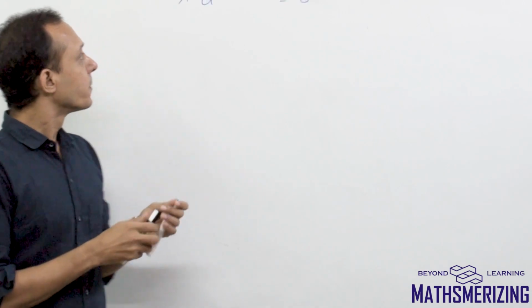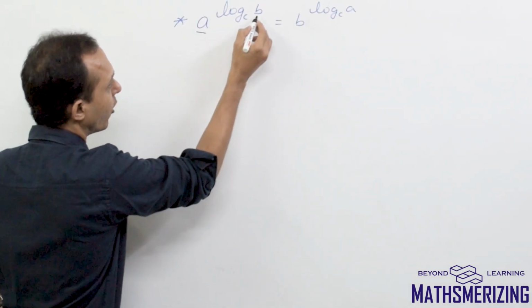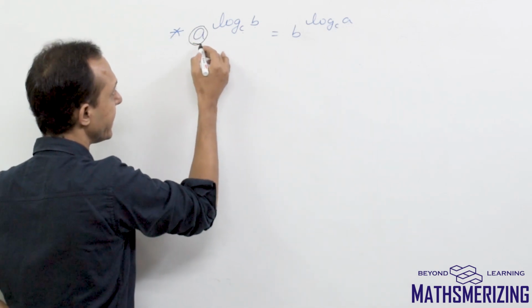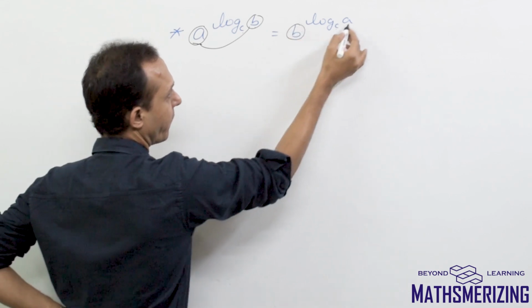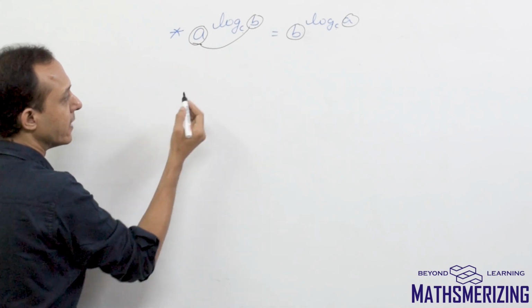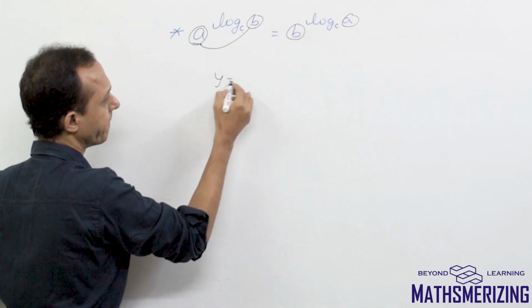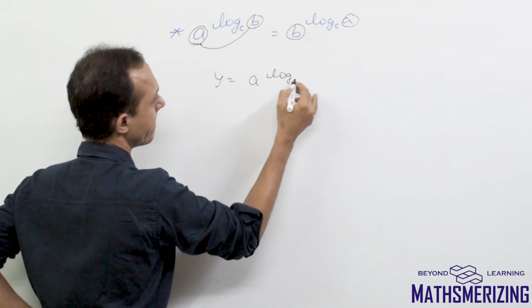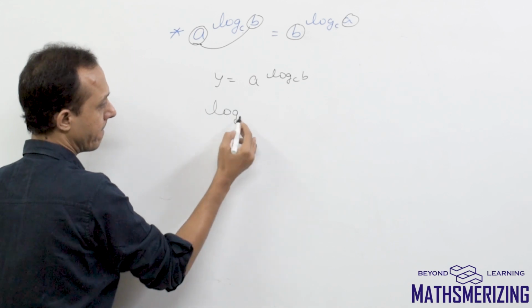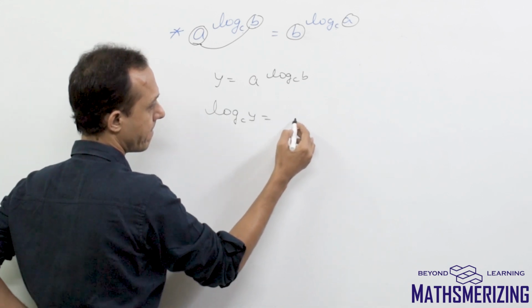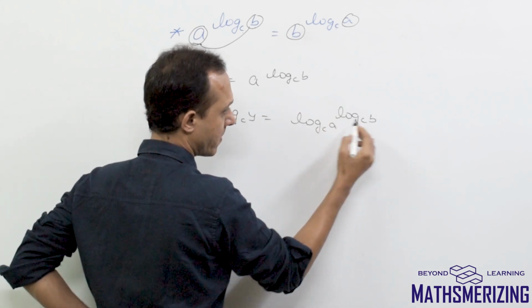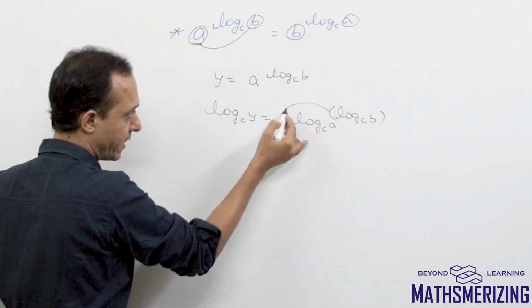Now another property is we can write a to the power log b base c as b to the power log a base c. So basically if I interchange this a and b, then the result will be the same. So there will be no change. Now how do we do that? Say for example, let this be y. Now I'll take log both sides to the base c. Now the power of a, we can take it out.